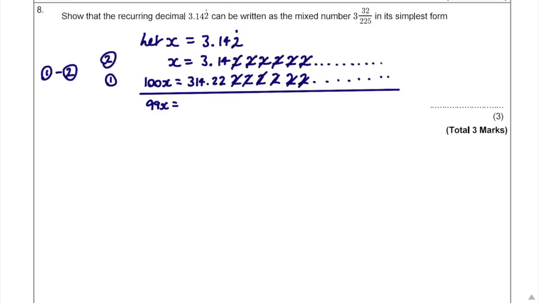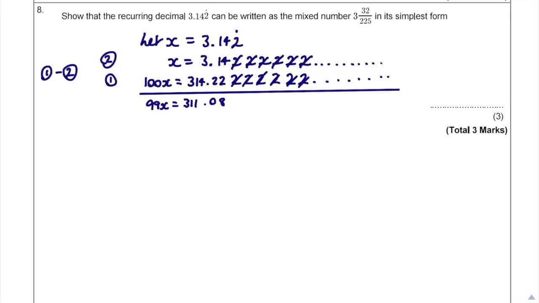Well, here we're just doing 22 minus 14, which is 8. So we're going to have an 8 here, and a 0 here. And then we're going to have 314 minus 3, which is 311. So now we can rearrange this, 99x equals 311.08, to get what our value of x is.